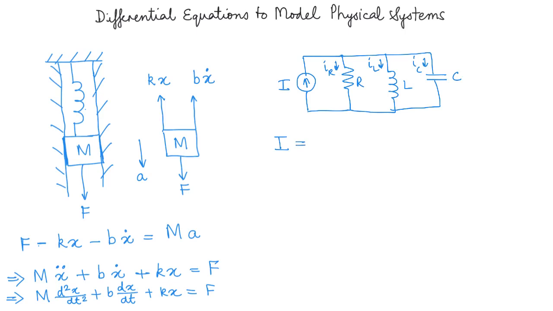Let's say the voltage here is V, and let's say this is the ground. So it's going to be V over R. That's the current through the resistor. What's the current through the inductor? It's going to be 1 over L integration of V dt. And what's the current through the capacitor? It's C dV over dt.